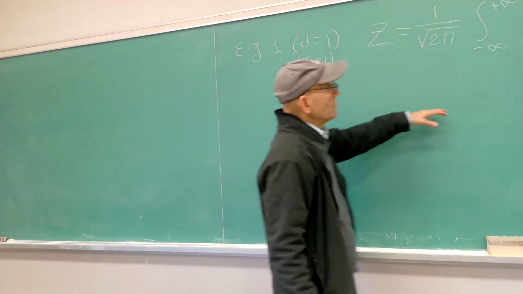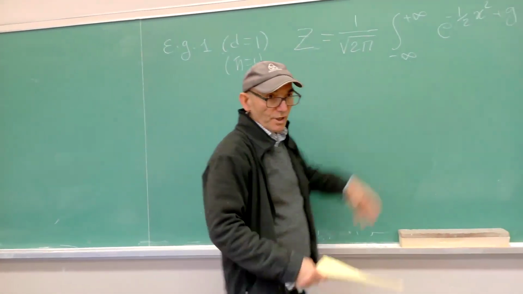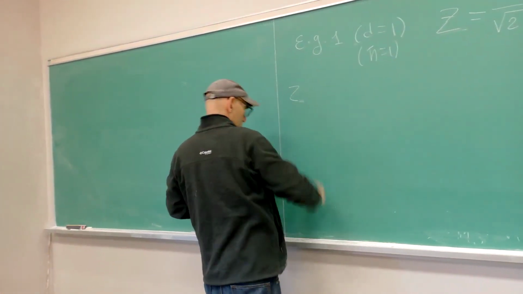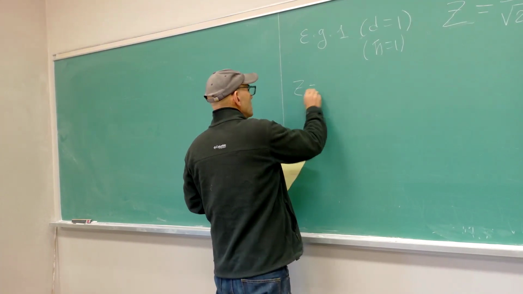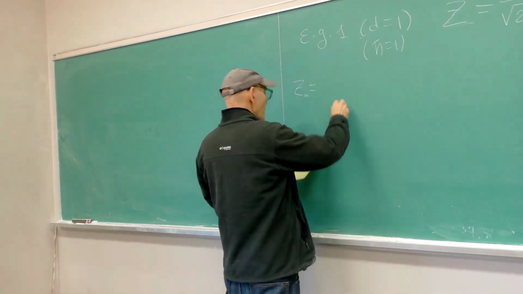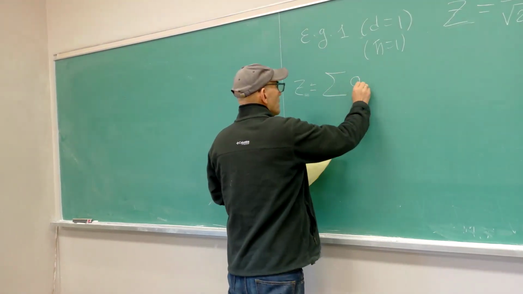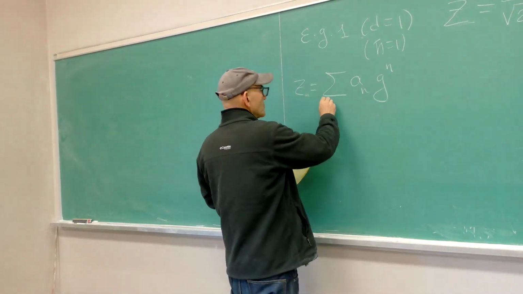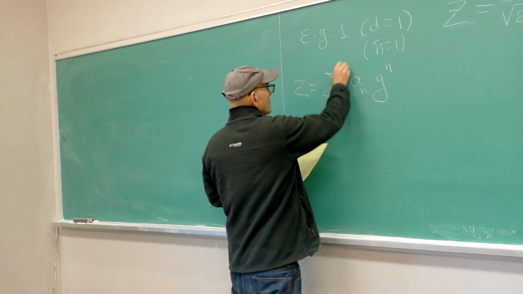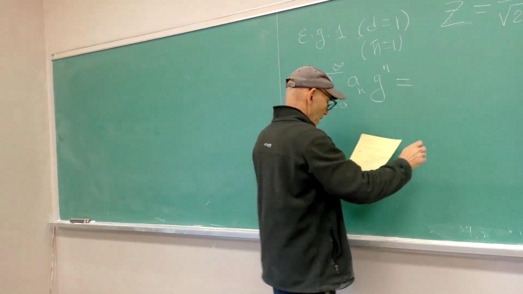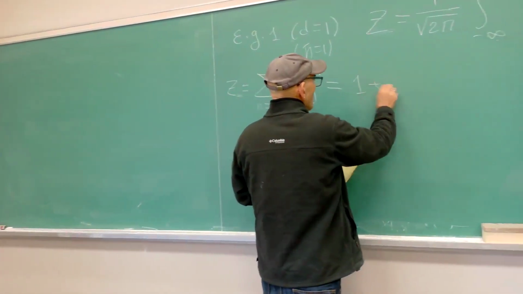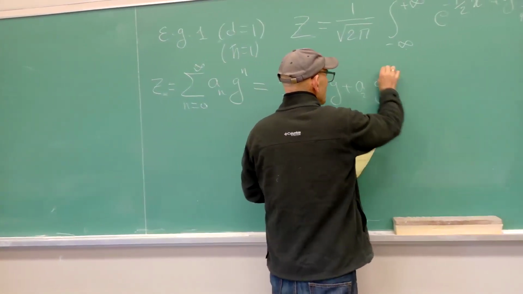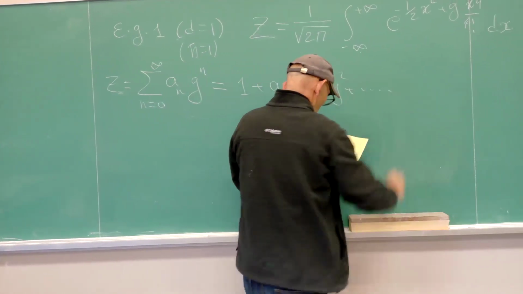When you look at it, it's clear that we can just write Z as the sum of a_n g^n, n from 0 up to infinity, which starts with 1 plus a1 g plus a2 g squared, and so on and so forth.